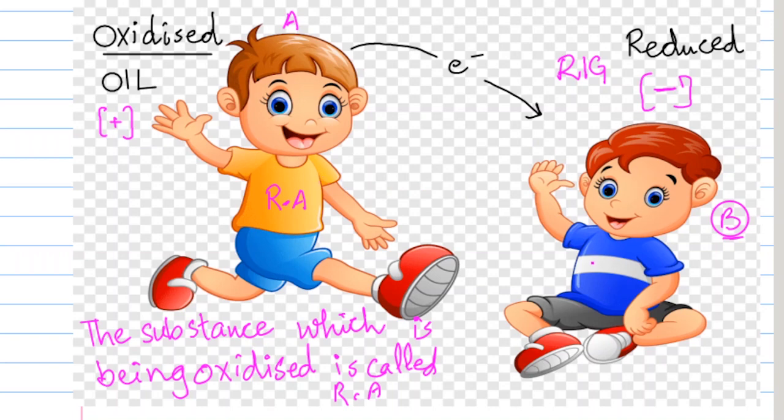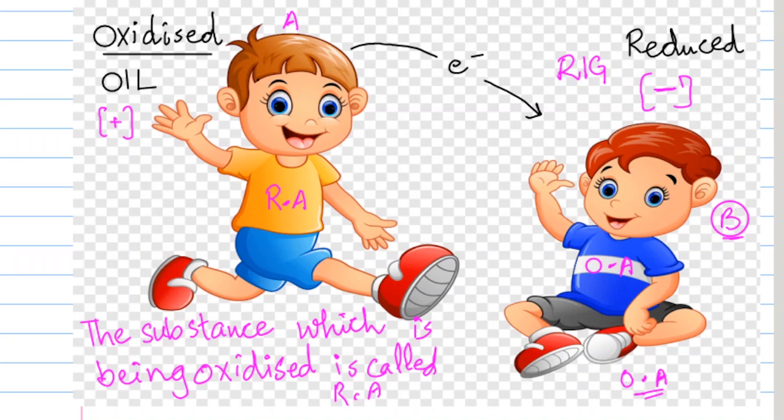So the substance which is being reduced itself is the oxidizing agent, because it is going to oxidize another substance. So this is the easiest way through which you can memorize and retain things in your mind.